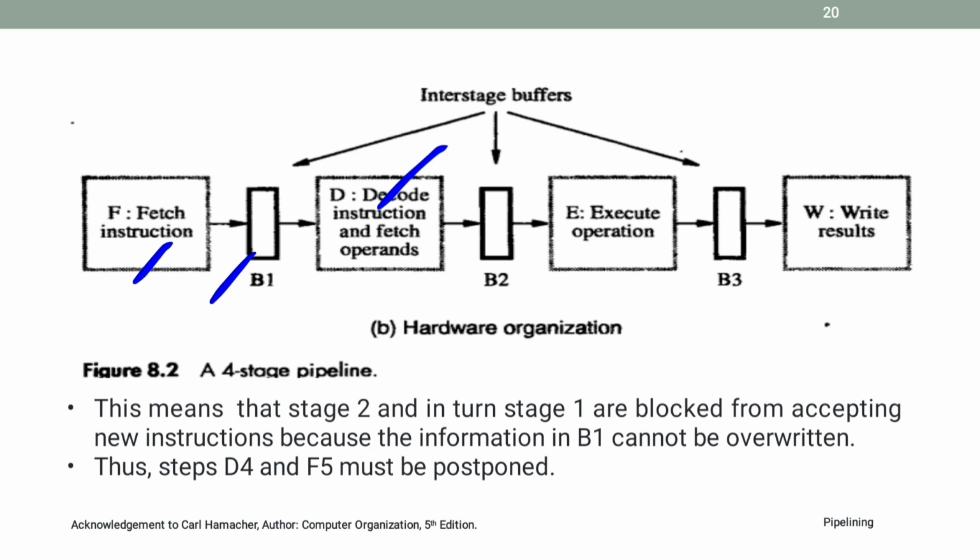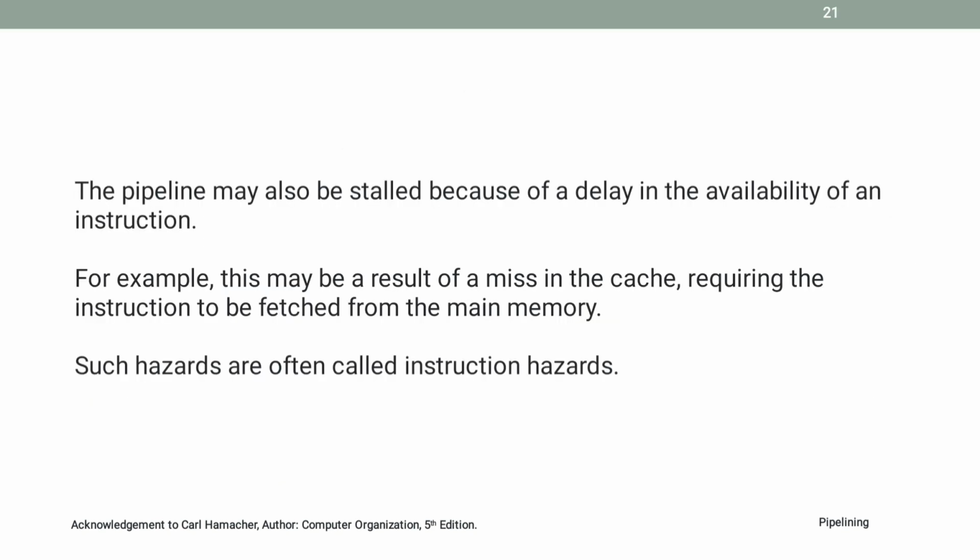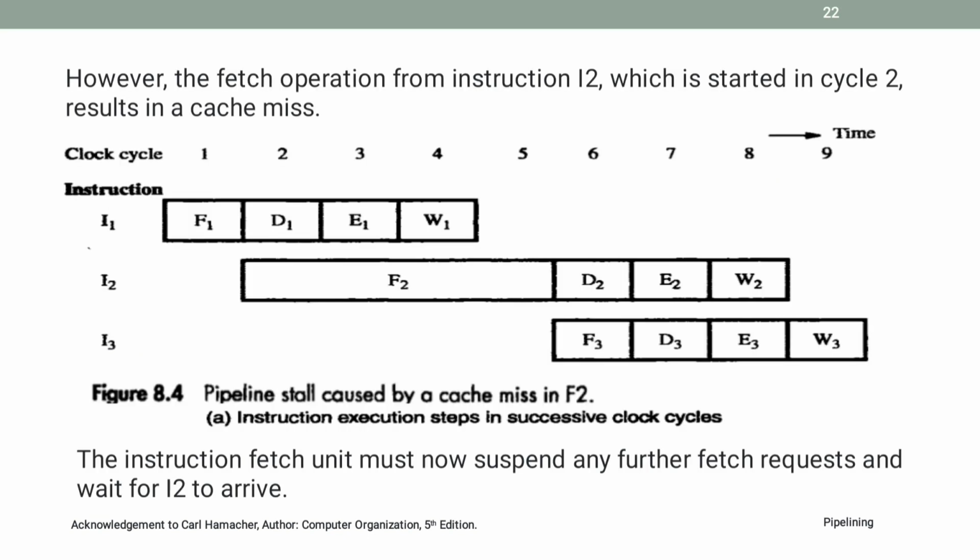That activity should be delayed till decoding is over. So the pipeline may also be stalled because of delay in the availability of instruction. So that was data hazard, and this is non-availability of instruction in time, that is called as instruction hazard as stated already. So here the fetch phase is being delayed.